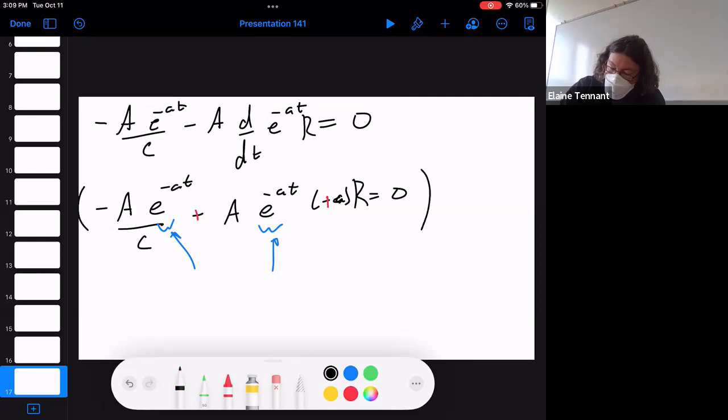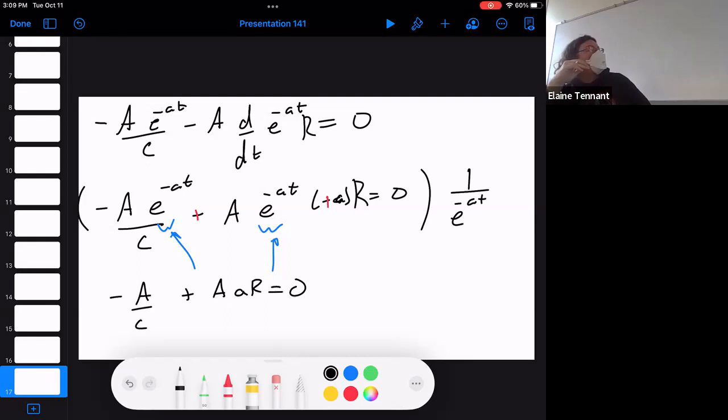I can divide both sides by e to the minus at, and I can get rid of those exponentials, which is really good, because otherwise it wouldn't be a solution.